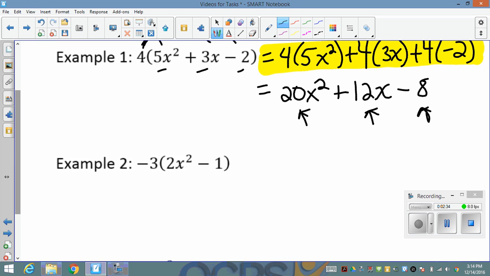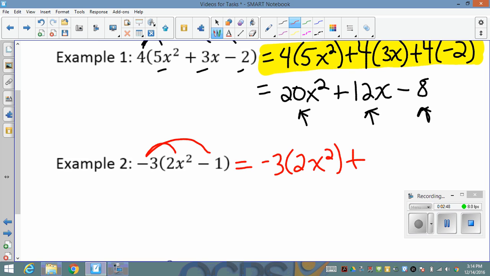Okay, taking a look at example 2. Again, I'm going to show every step here. Negative 3 times 2x squared plus negative 3 times negative 1. I'm going to use parentheses there just to keep it neat.